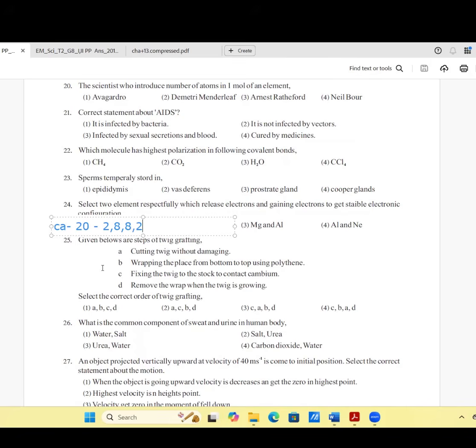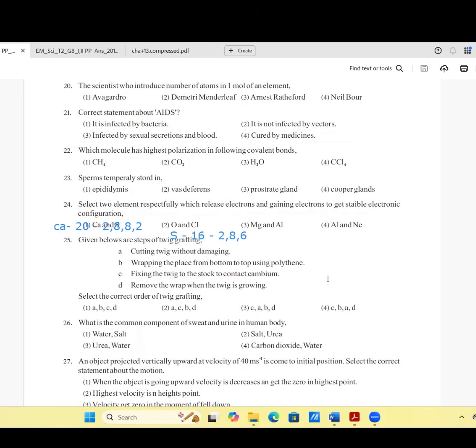Then calcium should remove these 2 electrons. Sulfur. Atomic number is 16. So the electronic configuration is 2, 8, 6. Then it has to take another 2 electrons to be stable. Therefore, answer number 1.